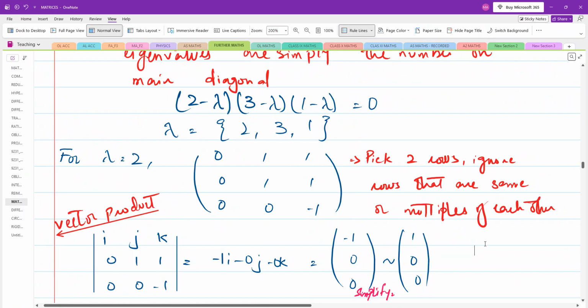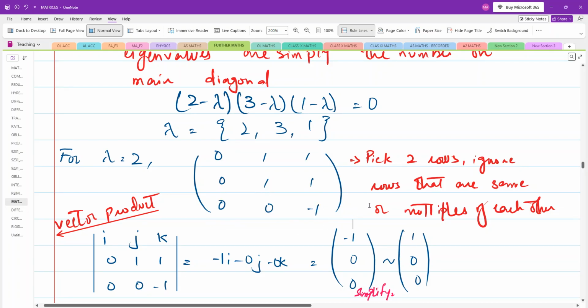Now I've written some stuff over here. We are supposed to pick two rows, ignoring rows that are the same or multiples of each other. These two rows are the same, so we are going to pick one row from here and the third row.